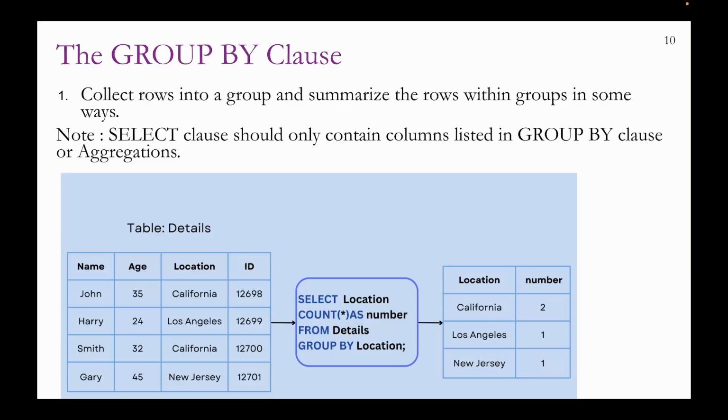As in the example, group by contains location, so select contains location and the aggregation count(*), which counts the number of rows of a particular group. California has 2 rows, so the number column gives 2. Los Angeles has 1 row, so we get 1. New Jersey has 1 row, so we get 1.